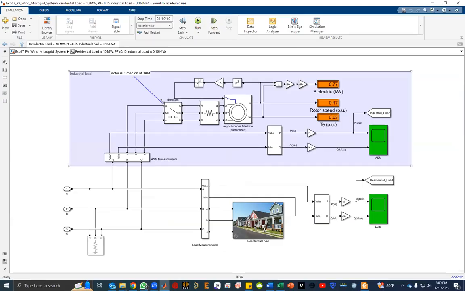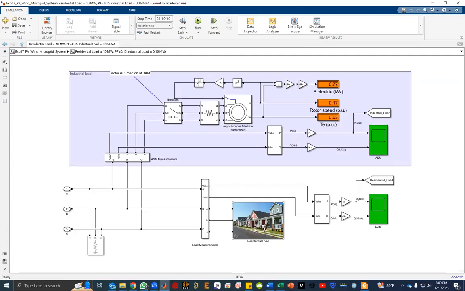The motor is normally turned on at 3 a.m. It's programmed to be like this. At 3 a.m. it will turn on and work. After that, it will stop at 12 a.m. And we have residential load.